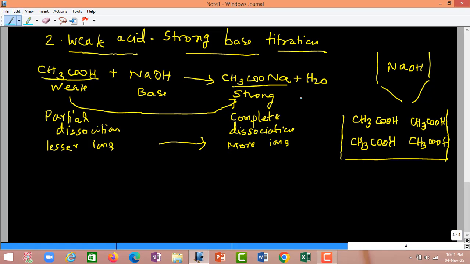Now we will represent what we have seen in this illustration. Acetic acid is converted to sodium acetate. Acetic acid is weak, whereas sodium acetate is strong, and so the number of ions increases as I continue with the titration. All the acetic acid molecules will react and they will get converted to strong sodium acetate.